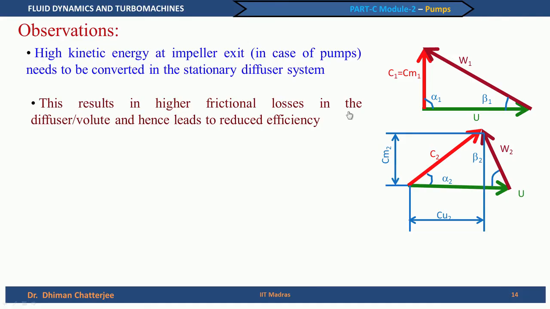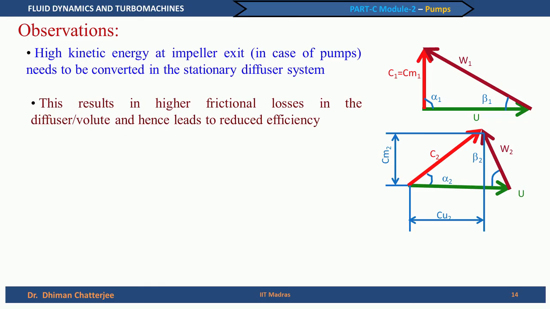If we have to convert this into pressure, then we need to diffuse the flow, and in the stationary diffuser, as you have studied in the first module of this course, there will be losses. If the kinetic energy is high, the velocities are high, then the losses are more. Hence when we try to convert this into pressure rise, we will get less energy conversion, and because of these high frictional losses, the efficiency will be low.